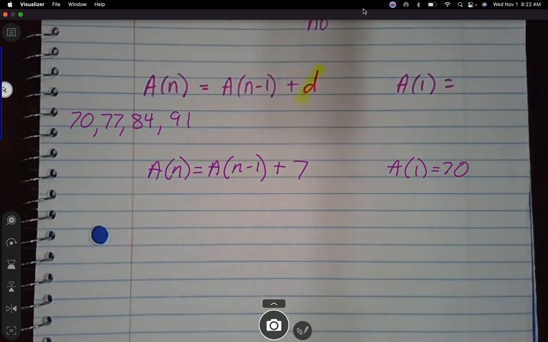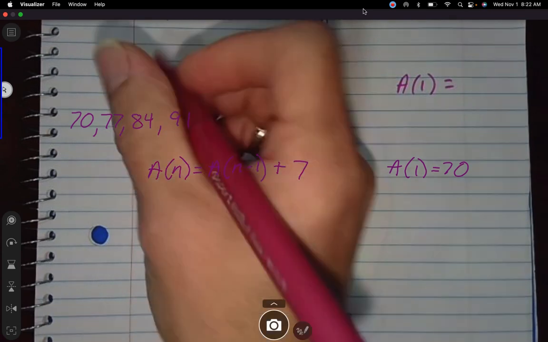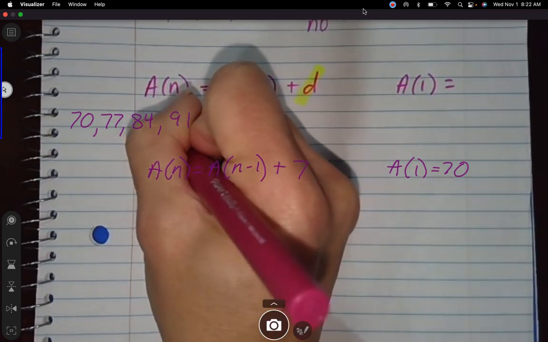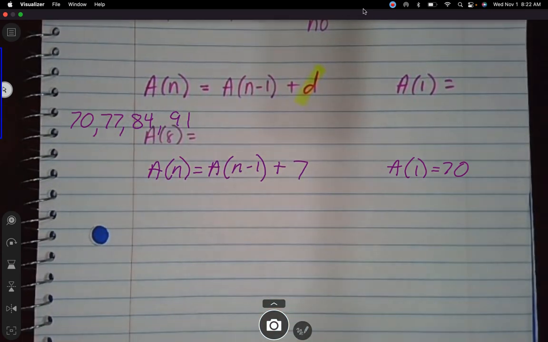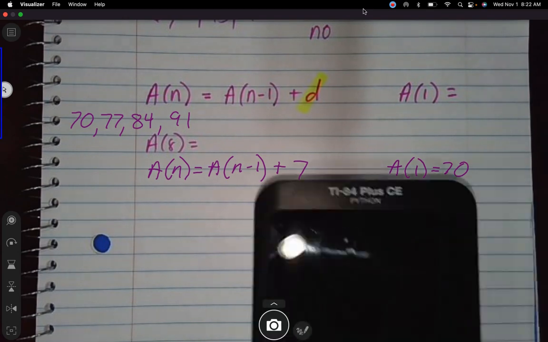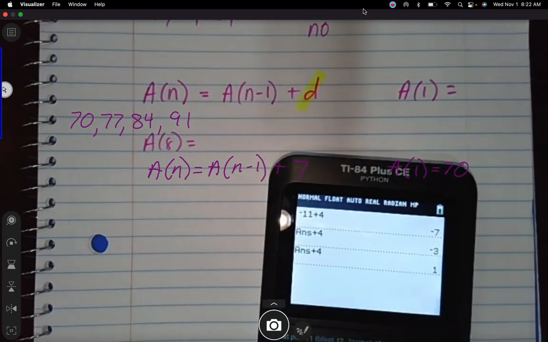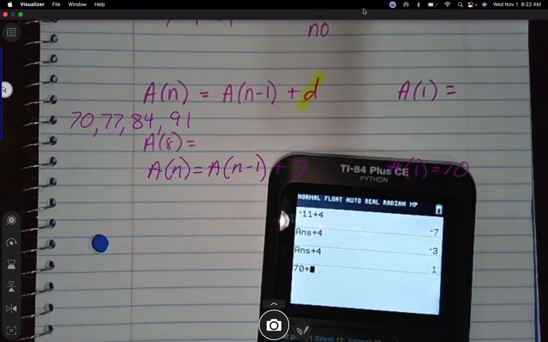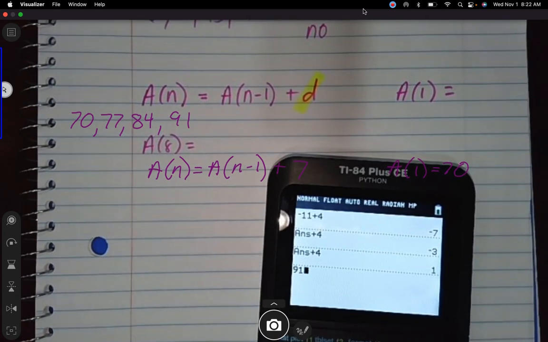So now I said, okay, let's find that term. And they may write that like this. Like they may say, hey, what's the 8th term? Oh, I didn't realize that was right there. So if it said that, watch me just do this. I'll take my 70. Well, no, I don't have to do that. I have to take my 91 and add 7.